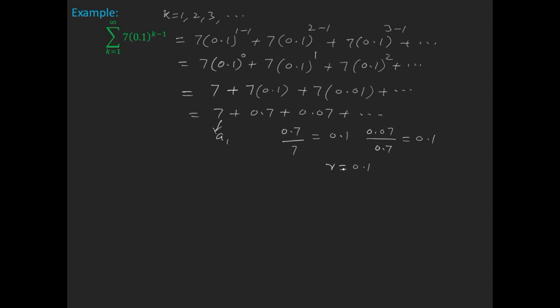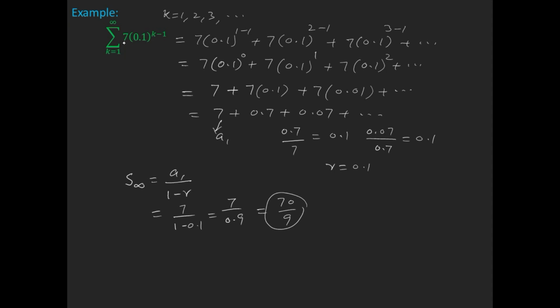The first term is 7 and r is 0.1, so S infinity is a1 divided by 1 minus r. Putting the values, the first term is 7, divided by 1 minus 0.1, which is r. So 7 divided by 0.9, and the answer is 70 divided by 9. So this is the way.